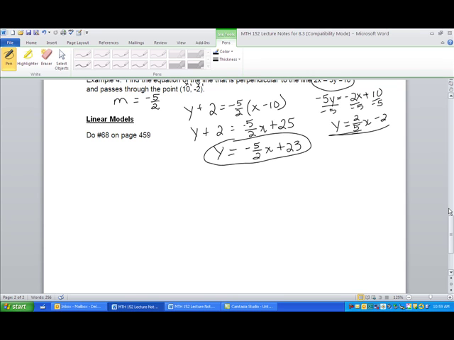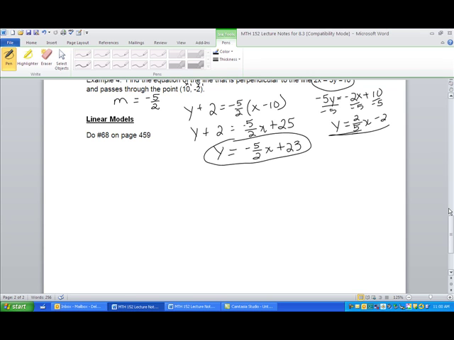Okay, in 68, we're doing nuclear waste, and we have a table. It says the table gives the heavy metal nuclear waste in thousands of metric tons from spent reactor fuel stored temporarily at reactor sites awaiting permanent storage.